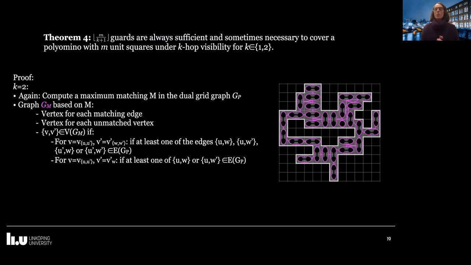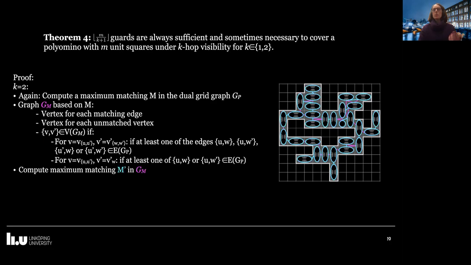If both of our vertices represent an edge in the original dual grid graph, then if any of the vertices are connected by an edge in our original graph, and if one of them represents an edge and the other a single vertex, well, then if the single vertex has an edge to one of the two edges that are represented by the edge.